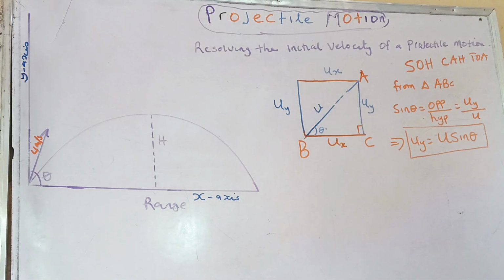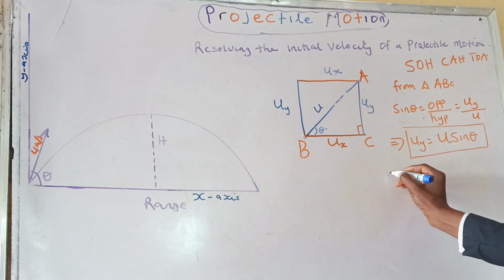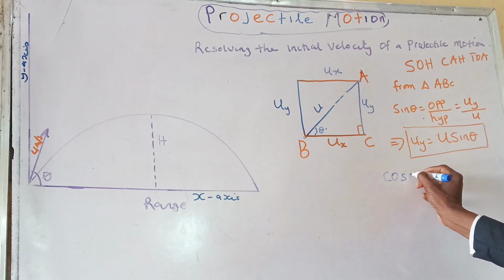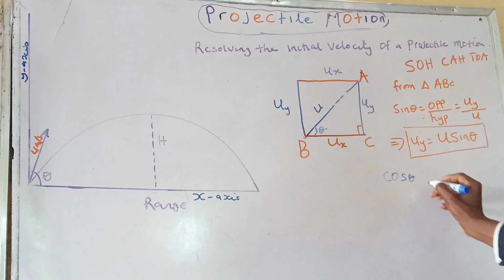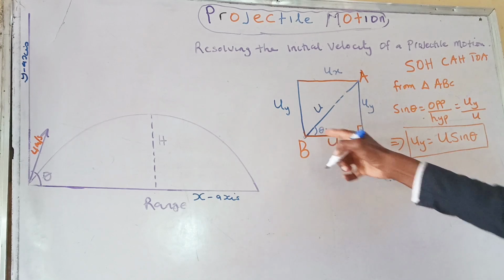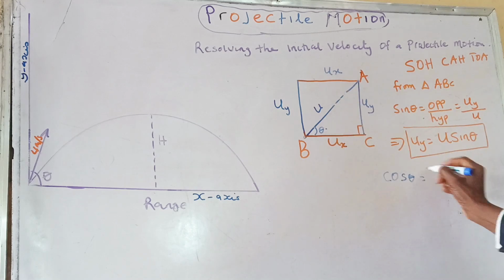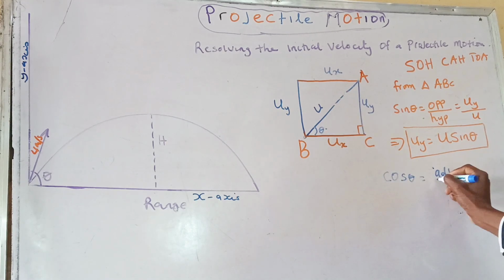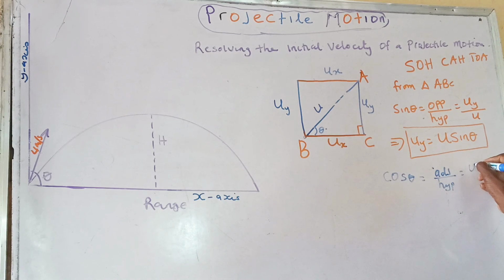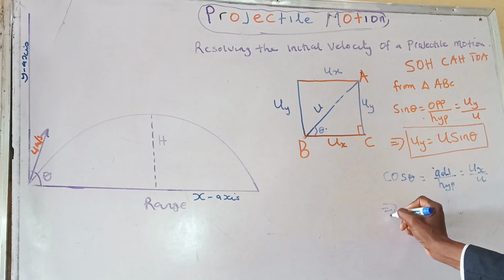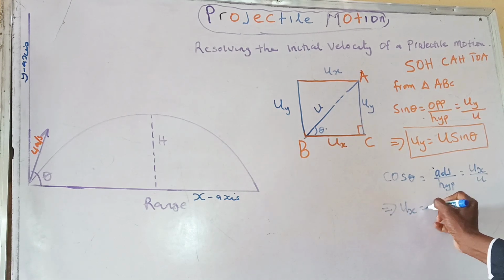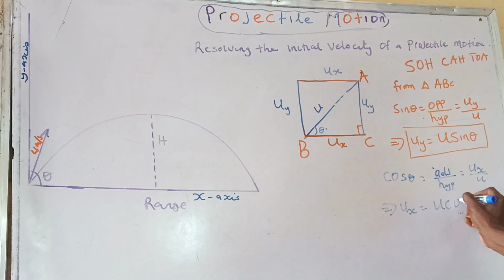Now, in a similar manner, from the same triangle, cos theta is going to be adjacent over hypotenuse by definition. The adjacent side is ux, so this is equal to ux over u. So this implies that ux is equal to u cos theta.